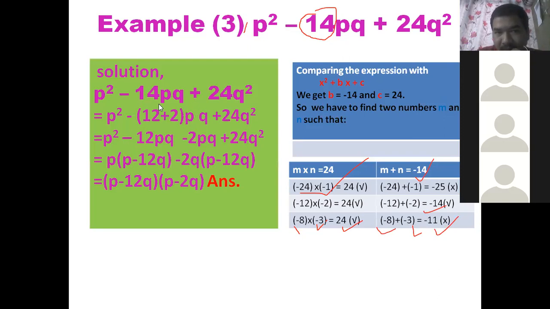Now when you solve this, look here, in place of 14, what is kept there? Minus 12 plus minus 2, that means minus 12p and minus 2p.